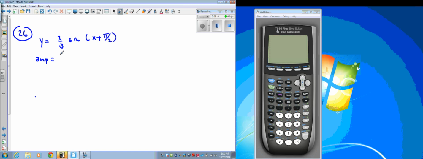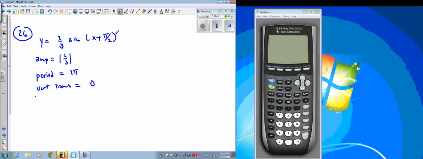Absolute value of 2/3. It's this value right out here. And then you could do period. And the period is going to be whatever this value is right here, divided into 2 pi. So this is going to be a 2 pi period. Now they're saying vertical translation, and that's 0.